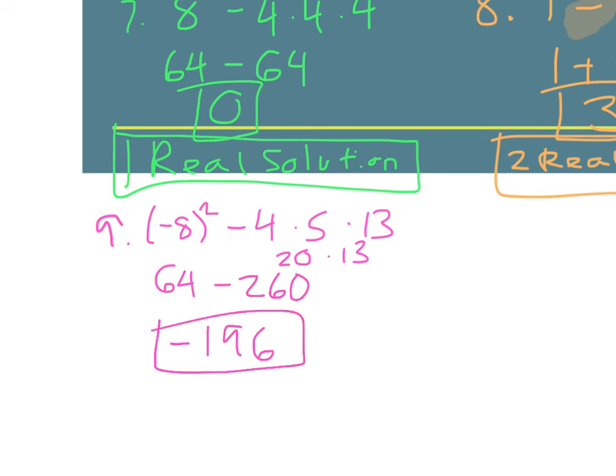Negative 196. What does this discriminant tell us about our number of solutions? Since it's negative, we have 2 imaginary solutions.